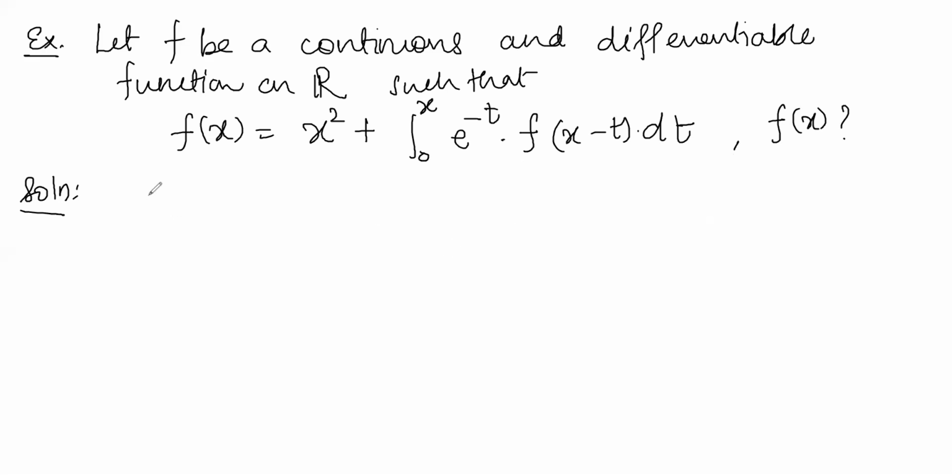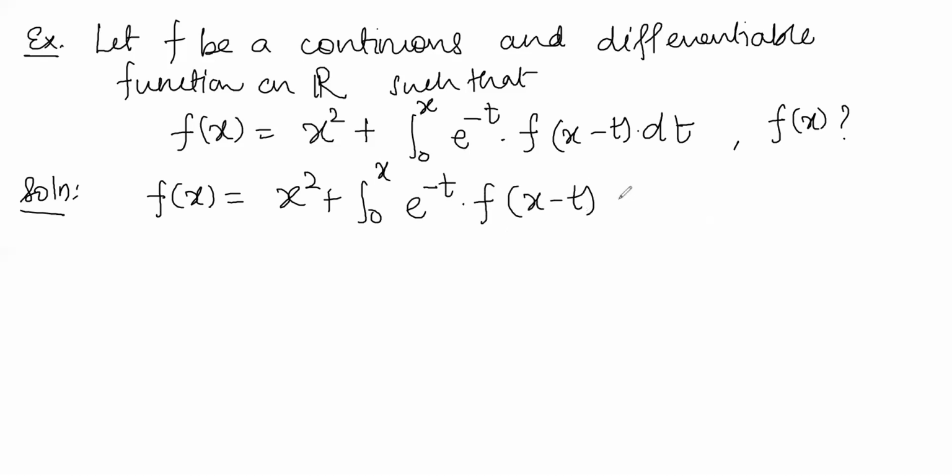So consider this: f of x equals x square plus integral 0 to x e power minus t, and then f of x minus t dt. Unless I have this as a function of t, I cannot think of solving anything.